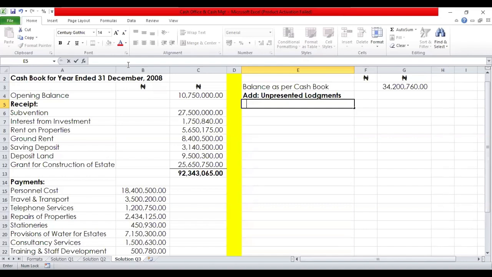Time has gone. Unpresented cheque. How much is it? 2,168,900. Yes, sir.